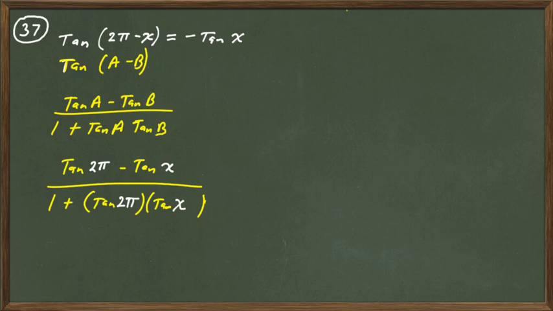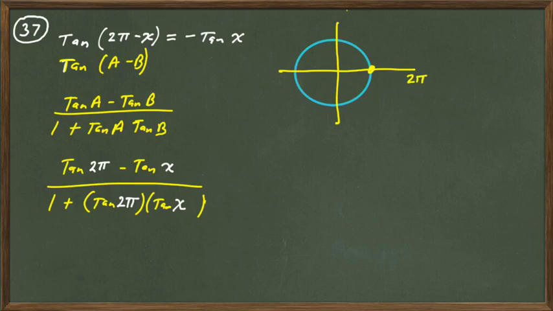Now, do you know on the unit circle where 2 pi is? 2 pi is over here at 0, right? What are the coordinates? 0? No, it's not. What are the coordinates? It would be 1, 0. Cosine, sine. And if I need the tangent, it's sine over cosine, right?